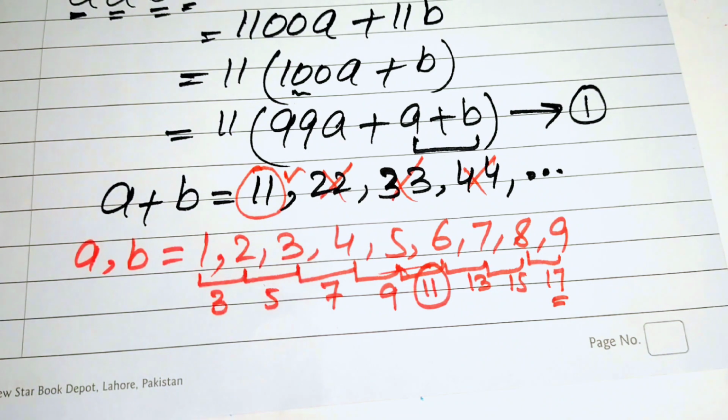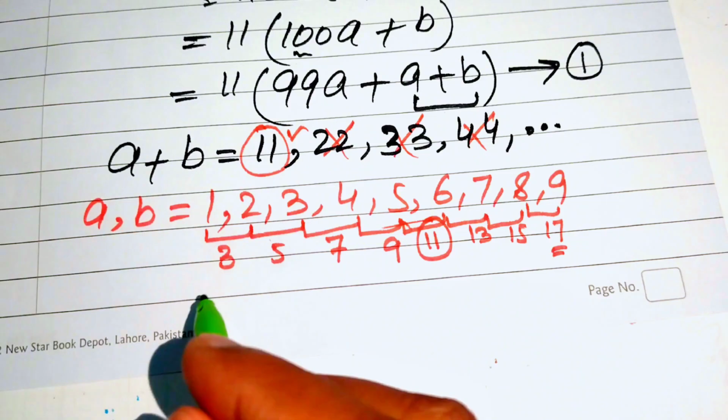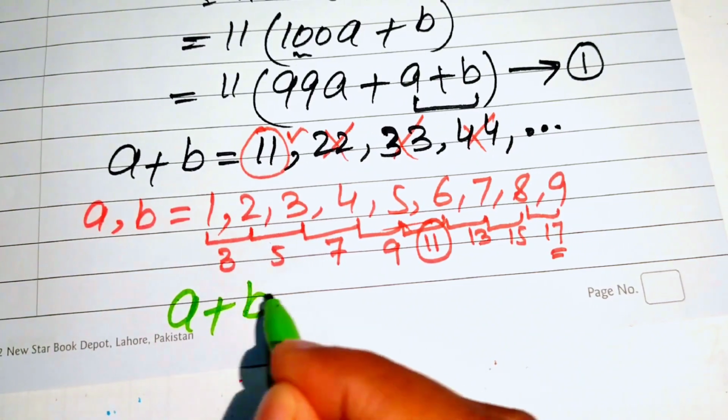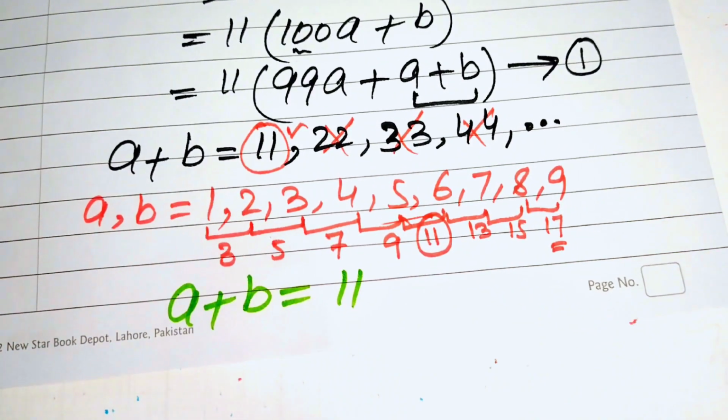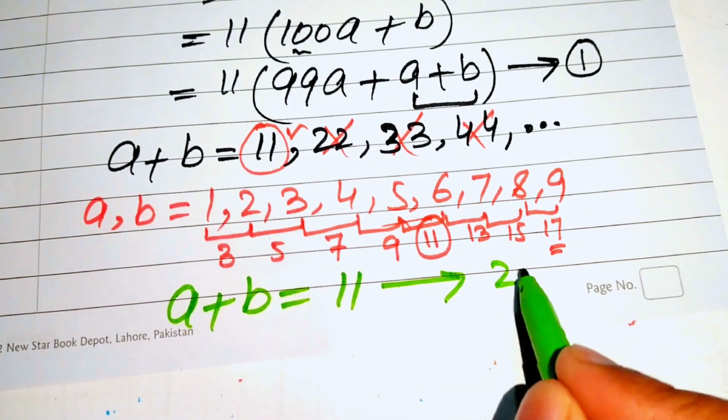So our A plus B equals 11, and we call this equation number 2.